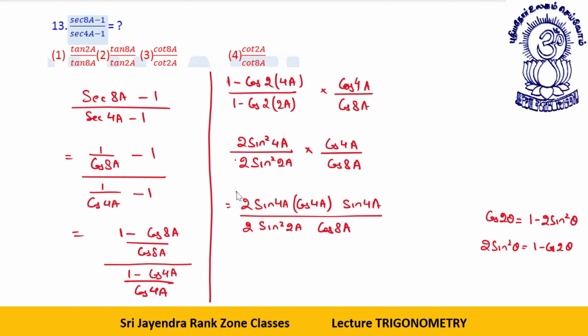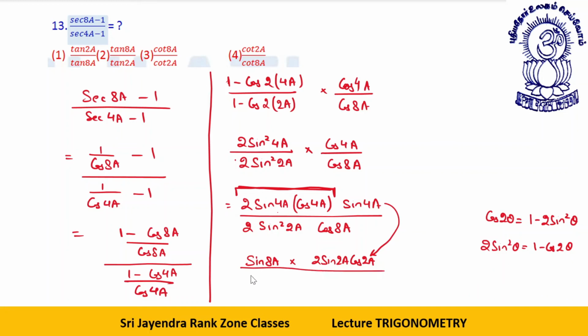Now what things combine? This combines to give you 2 sin x cos x is sin 2x. So this becomes sin 8a, and this sin 4a I break as 2 sin 2a and cos 2a.